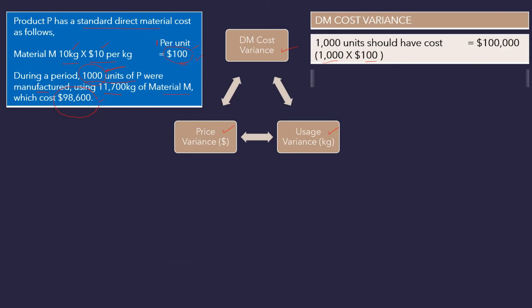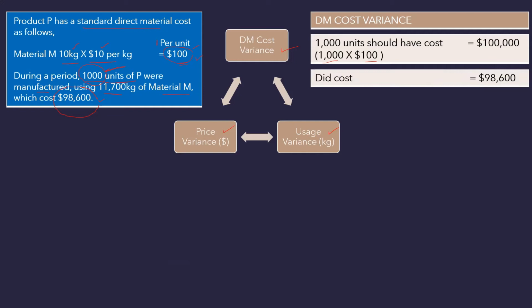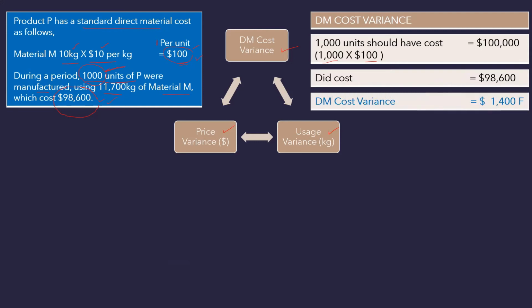How much did it cost? It cost $98,600. So we actually incurred a lesser amount than the plan, and therefore the variance is a favorable variance of $1,400.